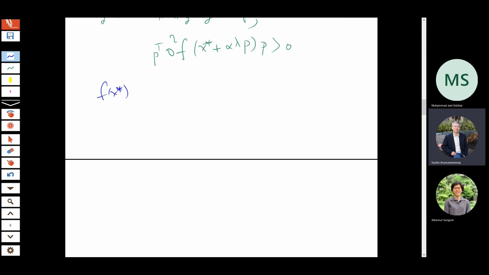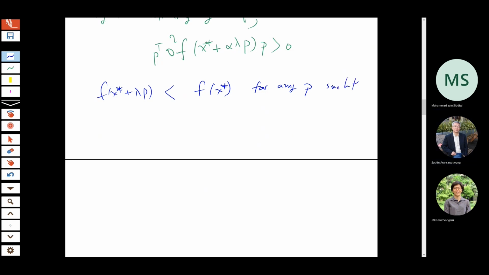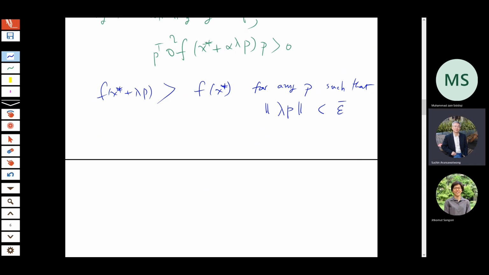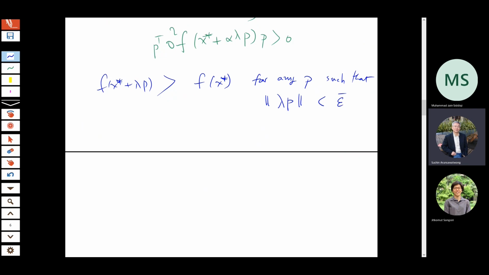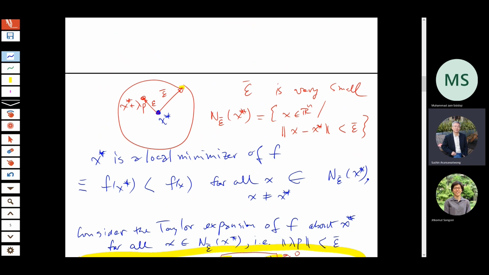So f(x star) is less than f(x star plus lambda p) for any vector p such that the norm of lambda p is less than epsilon bar, which is the radius of this neighborhood, the open ball.